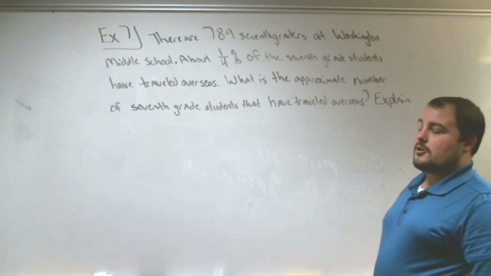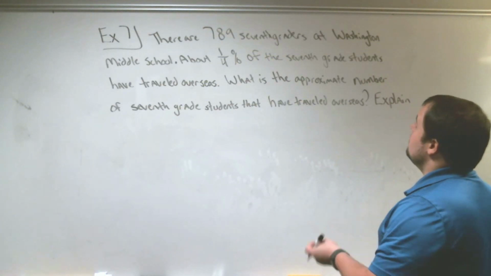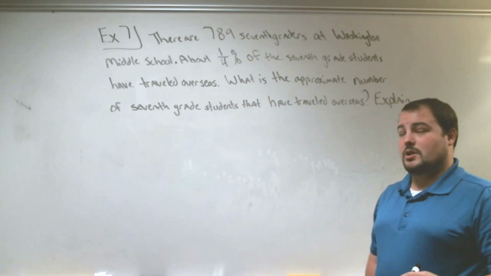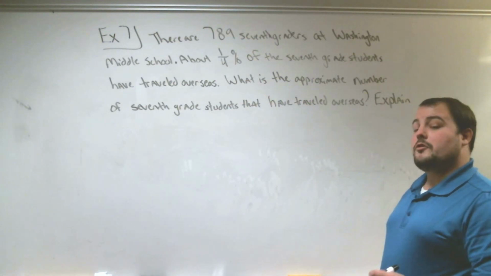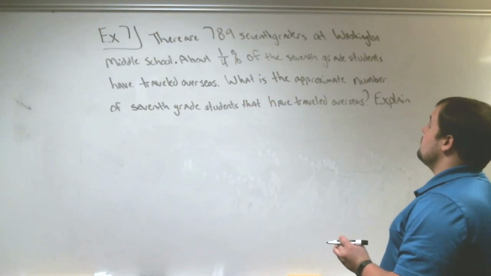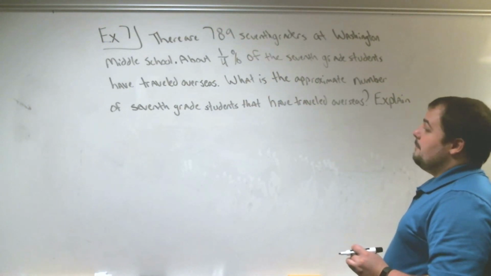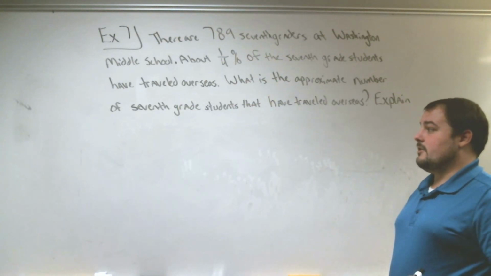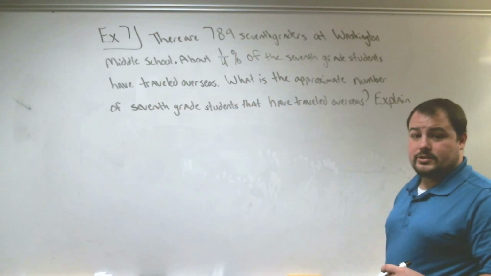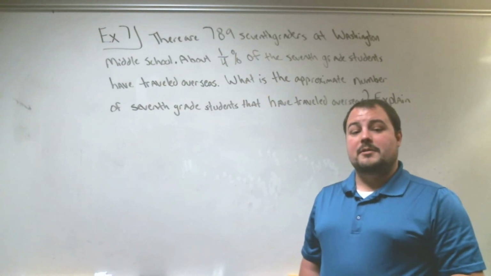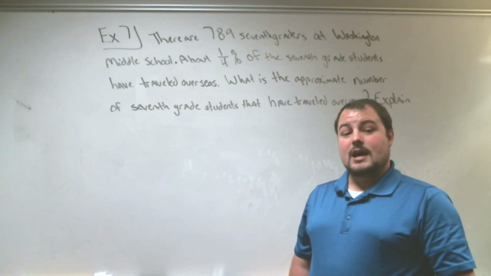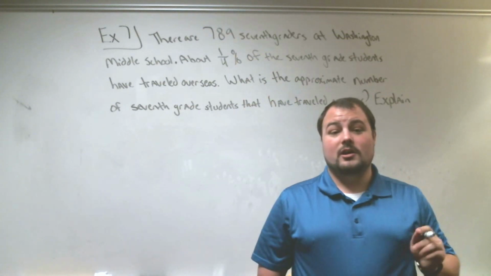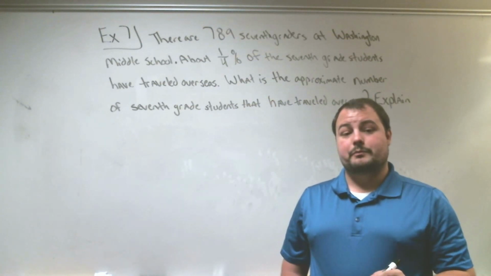It says about 1/4% of the 7th graders have traveled overseas. What is the approximate number of 7th graders that have traveled overseas? So our job in this problem is to figure out how many 7th graders out of that number have gone across the ocean to another country.